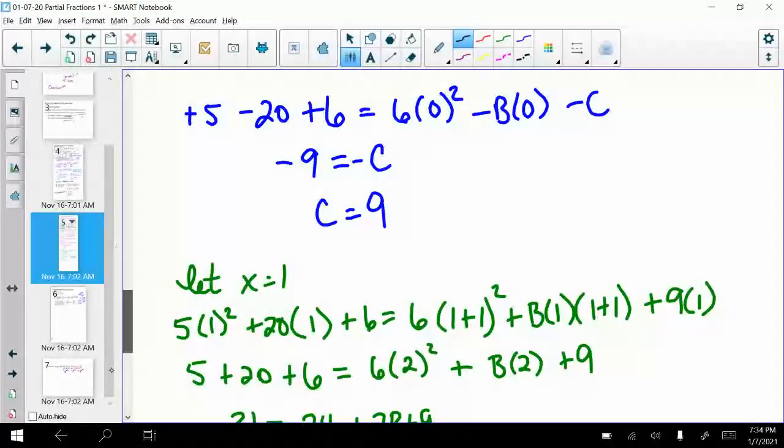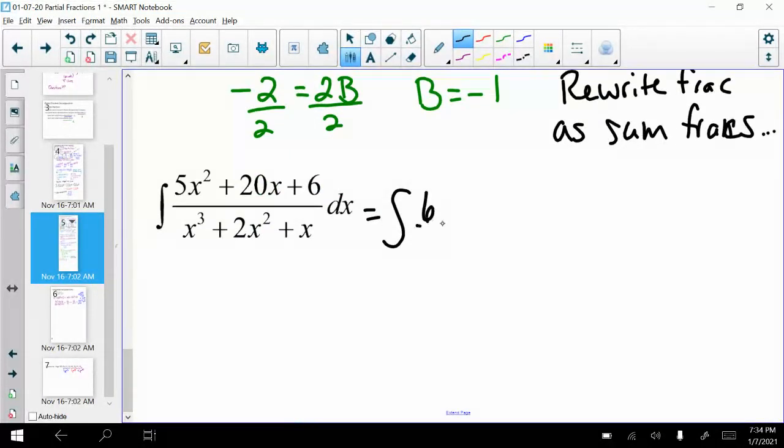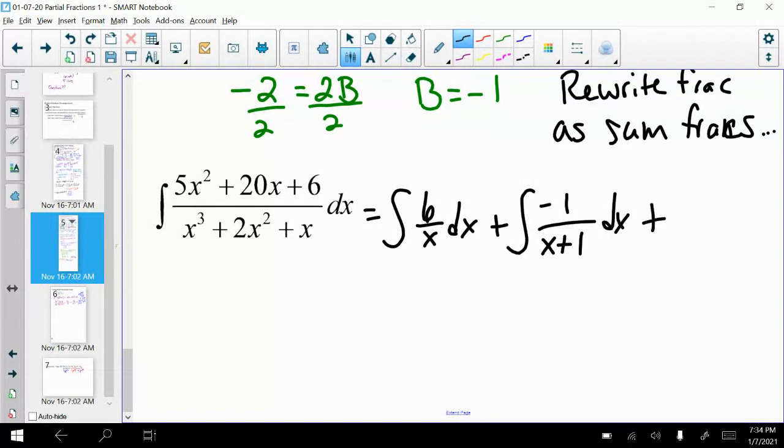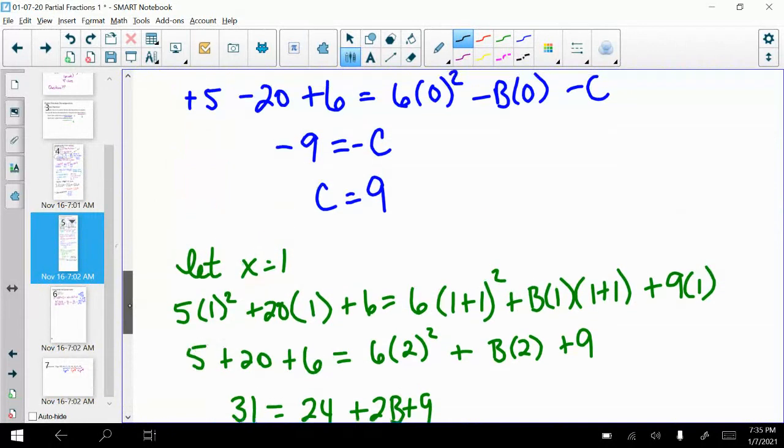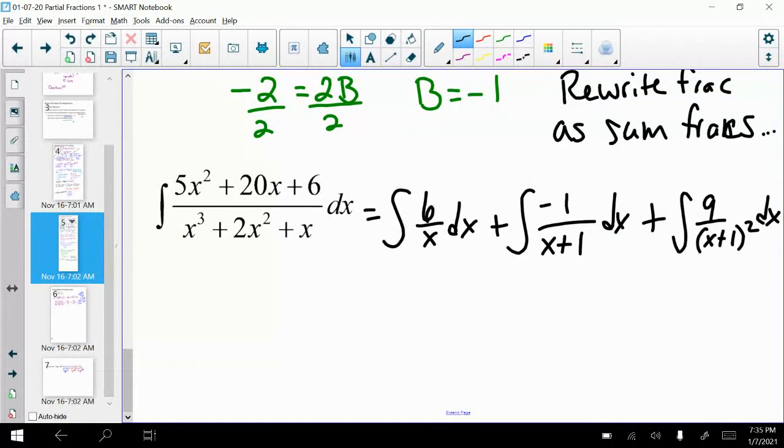So a was 6, so 6 over x dx, plus b was negative 1 over x plus 1 dx, plus, and then c was 9, right, over x plus 1 squared dx. Yes, c was 9. So then this is nice because now it's just a matter of integrating each of these.